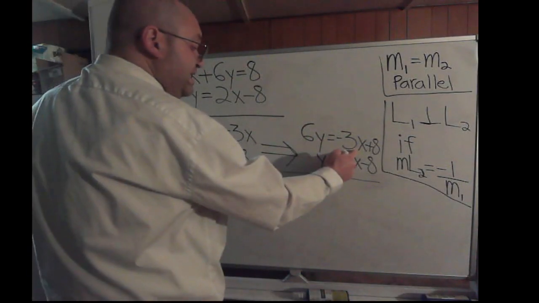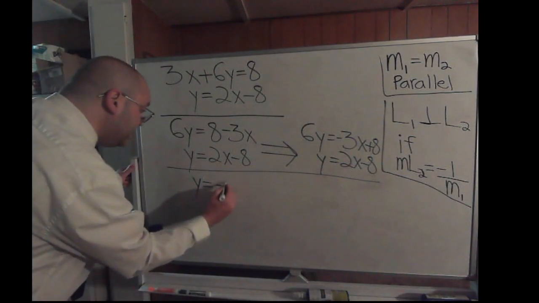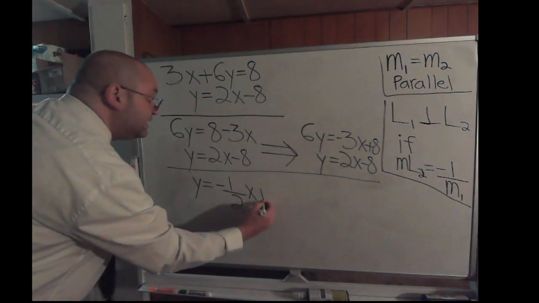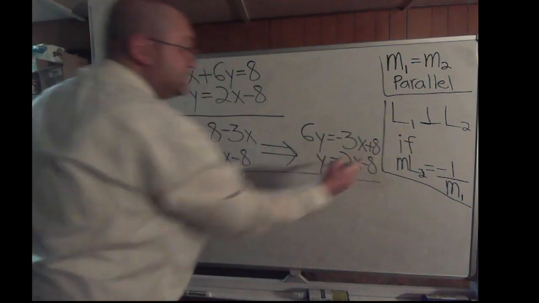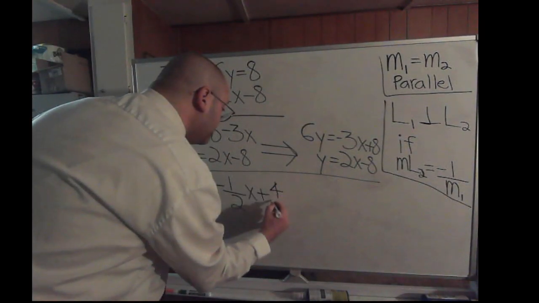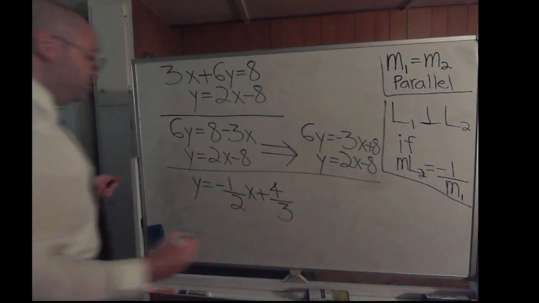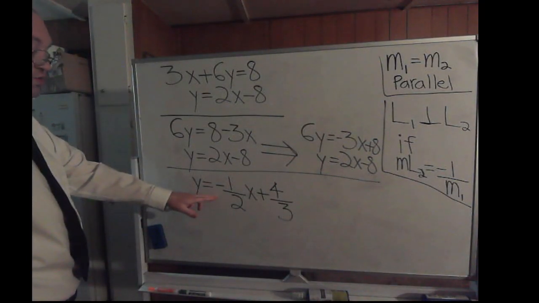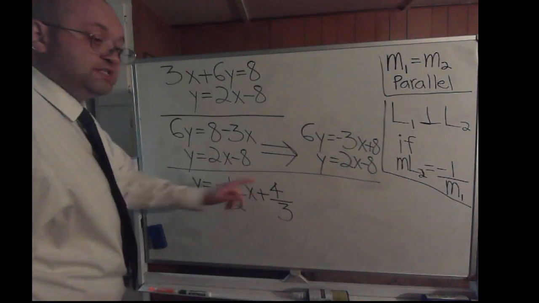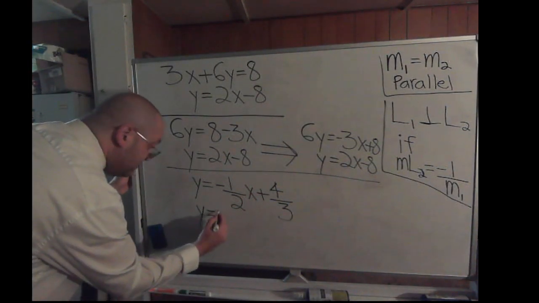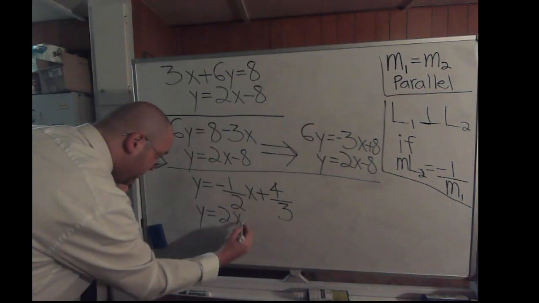You divide the negative 3x by 6, you get negative 1/2 x. Plus, you have 8 divided by 6. 8 divided by 6 reduces to 4/3. So, the first equation now turns into, in slope-intercept form, y equals negative 1/2 x plus 4/3. Then you still have the second equation, which hasn't been affected, of y equals 2x minus 8.